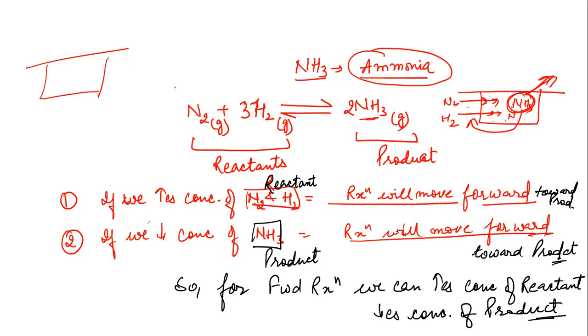Now see what you are saying. You are asking what happens if the reactant concentration decreases. Suppose again I'm writing this N2 plus thrice H2 gas giving you twice NH3.